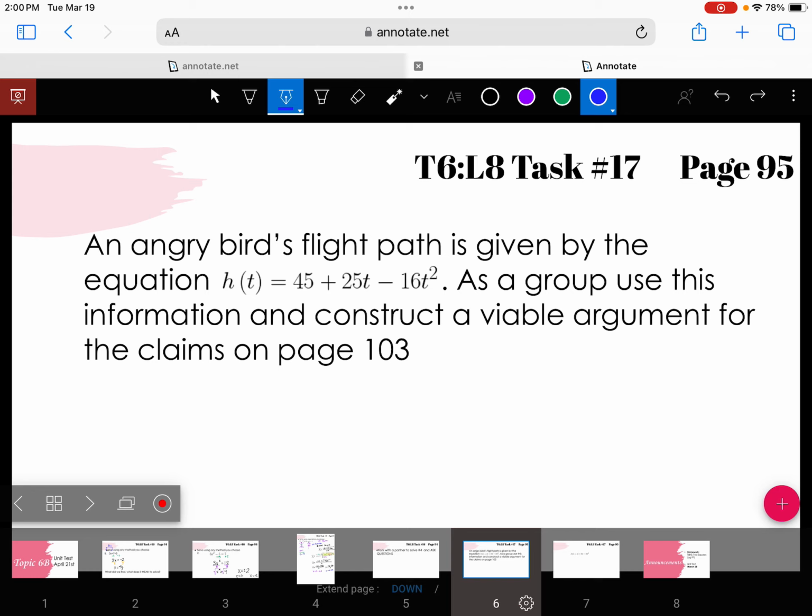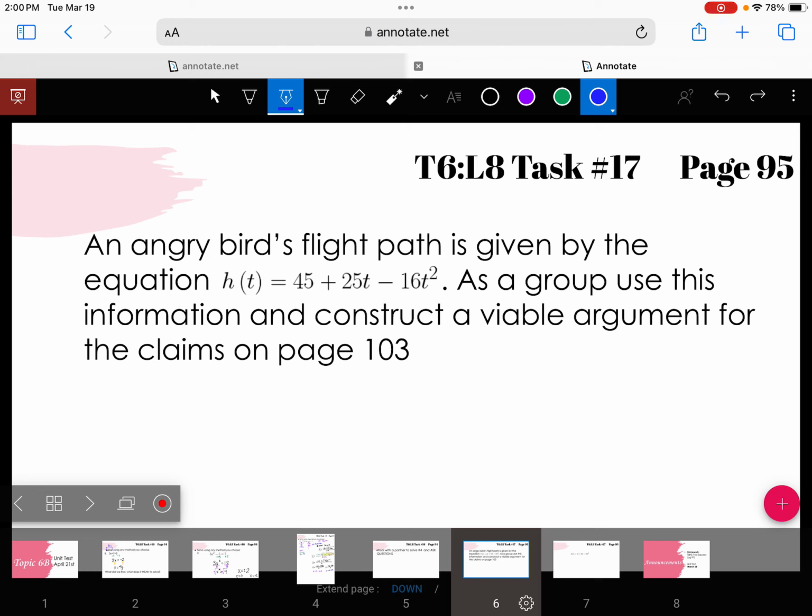So what I want you to do is try and see what we get. They're giving us the equation for some bird flight. Here's my chunky bird. There's a couple of pigs. And I want to know if pigs at certain heights are going to be hit.